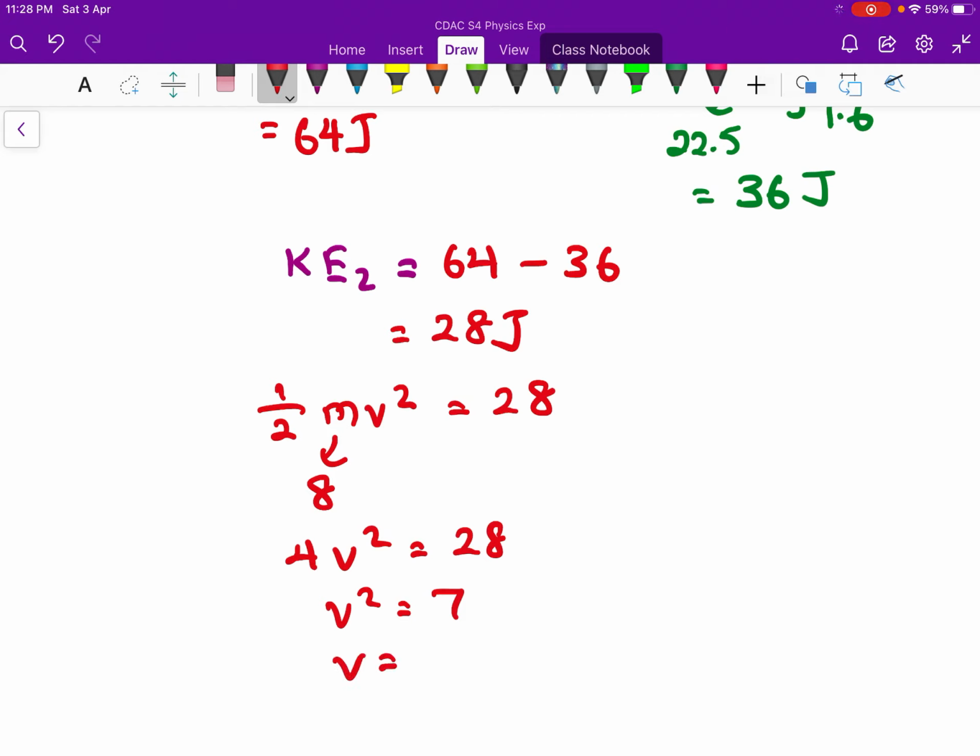So v is equal to the square root of 7, about 2.64575, or you can round it off to 2.65 meter per second. So my speed at the bottom of the ramp is about 2.65 meter per second.